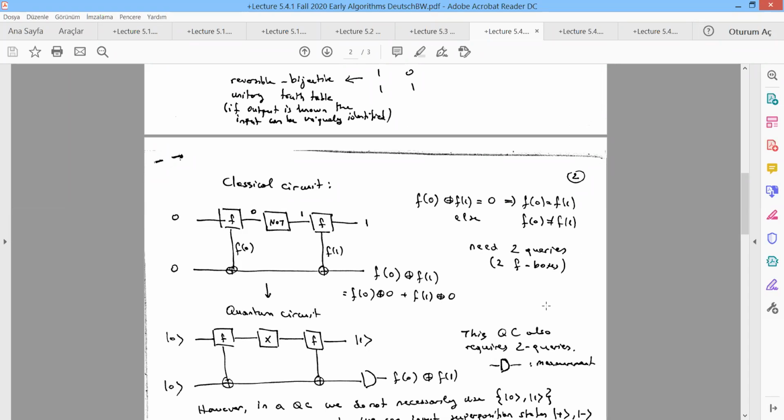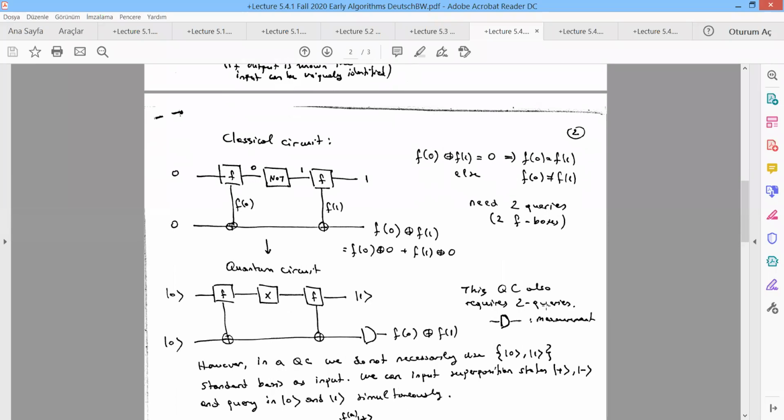It was obvious to see this, but this classical circuit also needs 2. Naively, if we convert this to a quantum circuit, by changing this NOT operation to an X gate, and using these controlled F gates, in the output we would measure f of 0 plus f of 1.